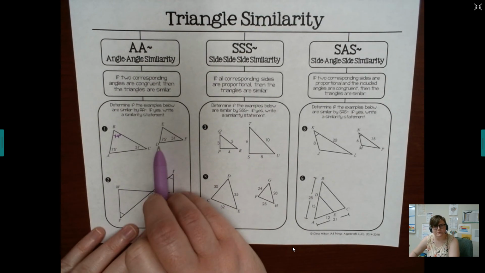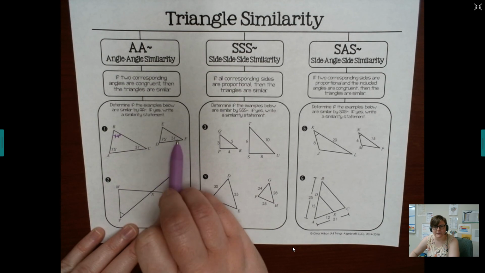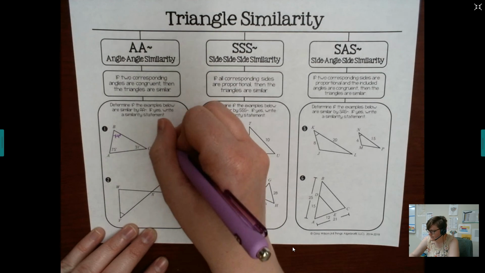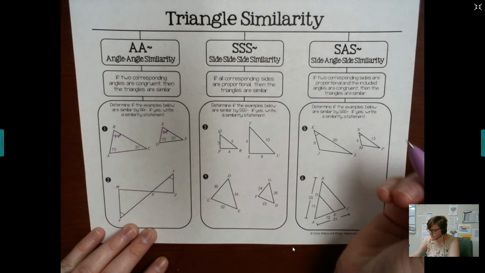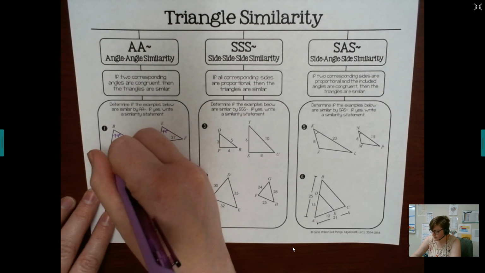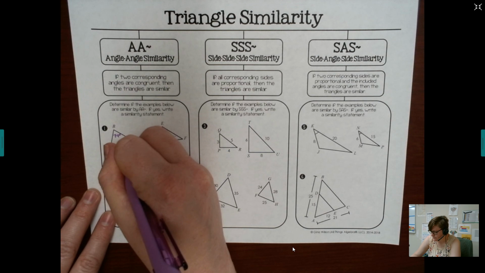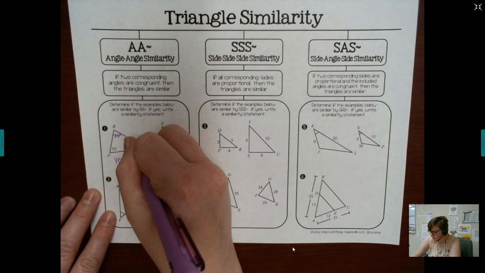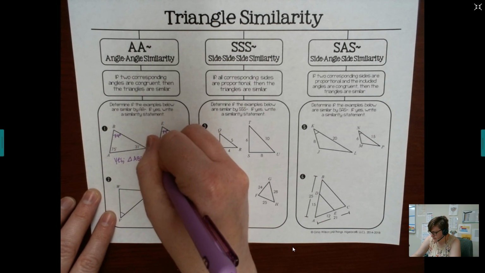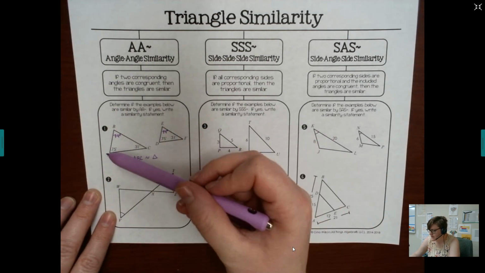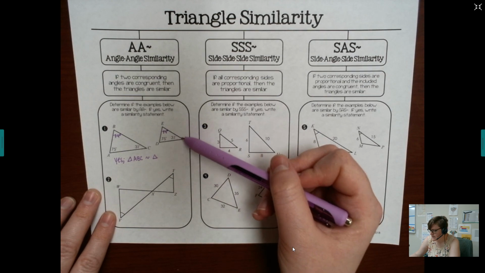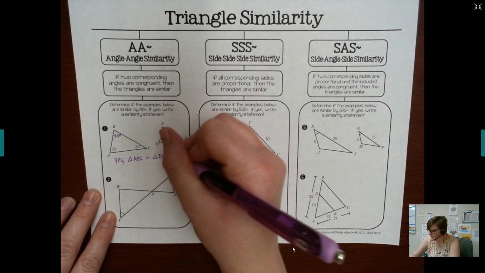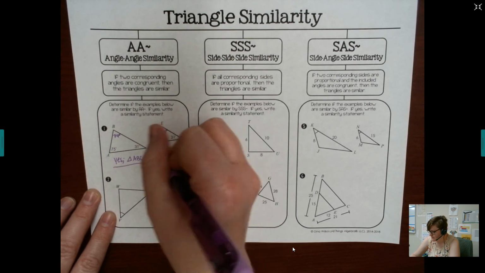And this one too, angle D is 75, angle F is 31, 75 and 31 match up, leaves 74 for that one. So they are similar. And we can write that triangle ABC is similar to triangle DEF. And that is all.